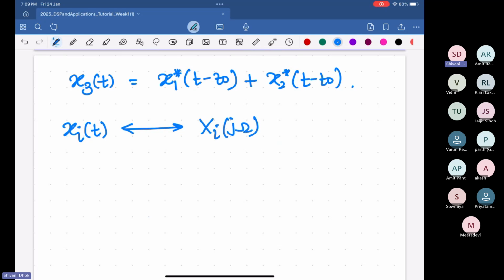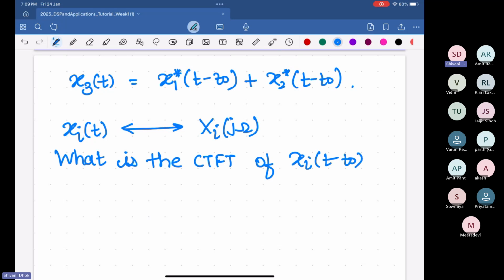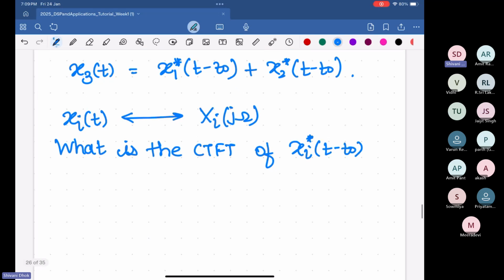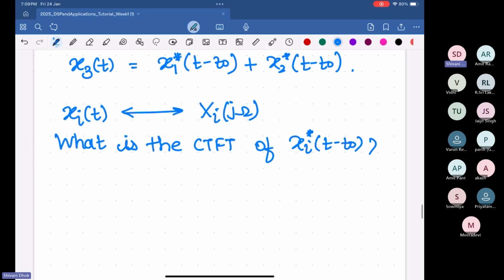Then we need to answer this question: what is the continuous time Fourier transform of xi of t minus t naught, conjugate? Okay. So for that, step 1, let us find out the Fourier transform of xi of t minus t naught.